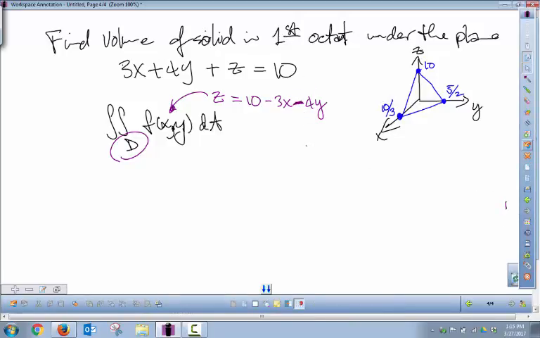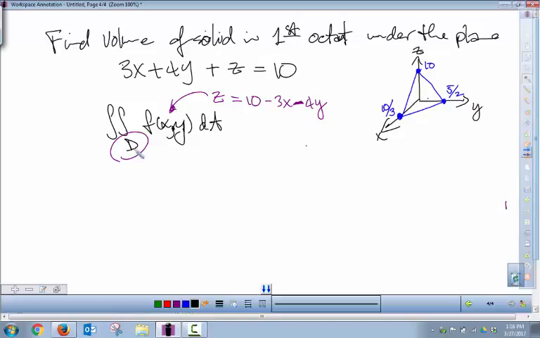How's this D going to look like? Can I identify D in my graph here? What do you want to draw when you're drawing D? What do you want to start with? I mean, where's it going to be?